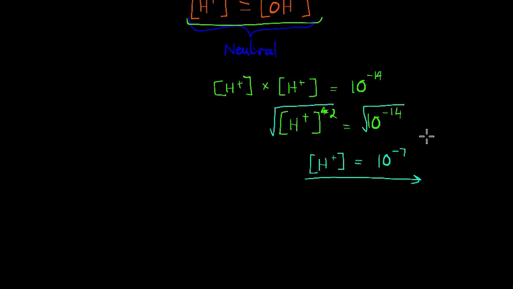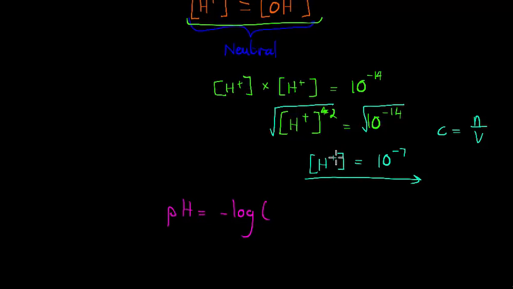In other words, concentration is equal to n over V. That represents how we calculate concentration of a solution. Then the moles per volume unit is 10 to the power of negative 7. Okay, now that enables us to work out pH, because pH is negative log of the concentration of hydrogen, which is 10 to the power of negative 7.